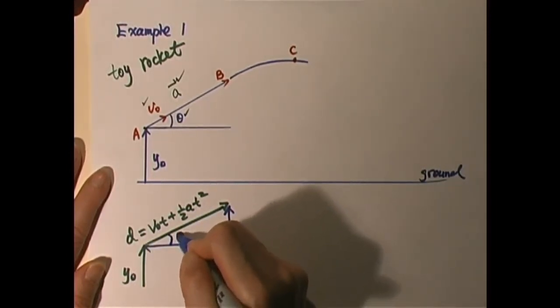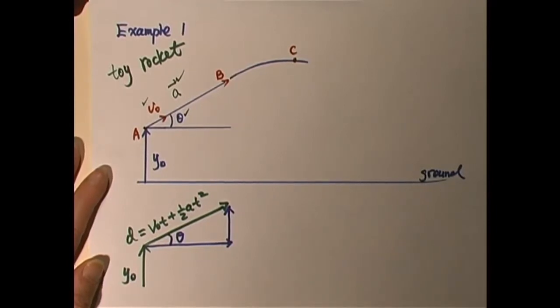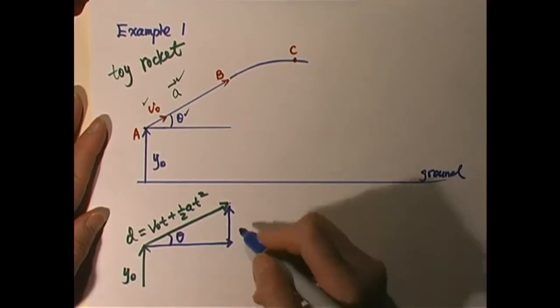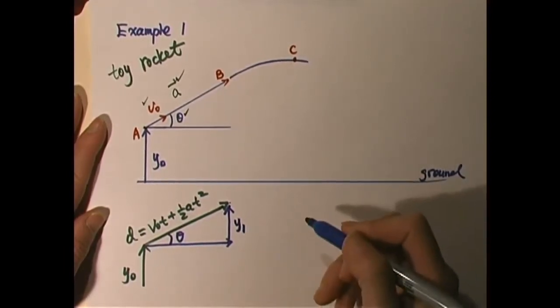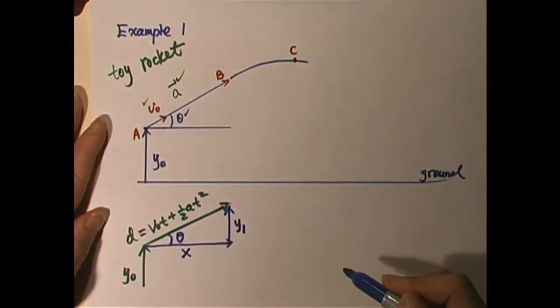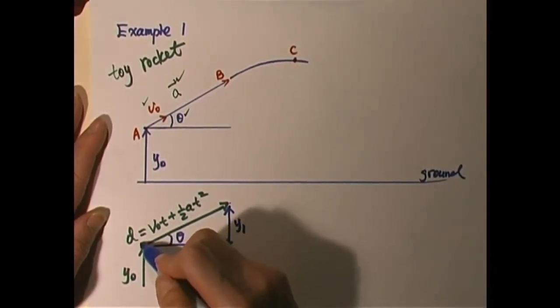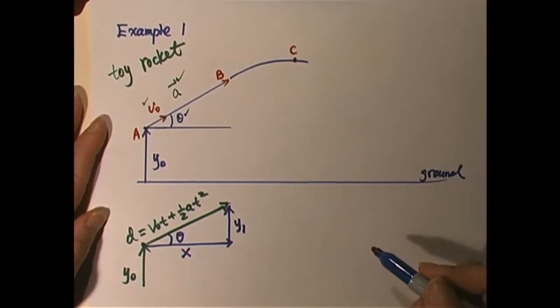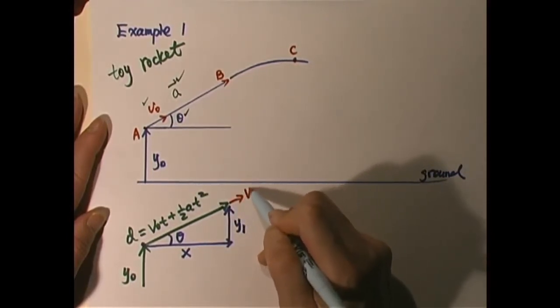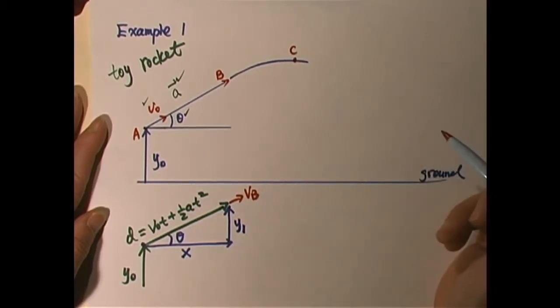So say this is a right angle triangle. Now where is the toy rocket? It is y naught plus y1 above the ground and x meters on the right side of where it starts, which is point A. At the end of the acceleration, how do we describe the velocity VB?